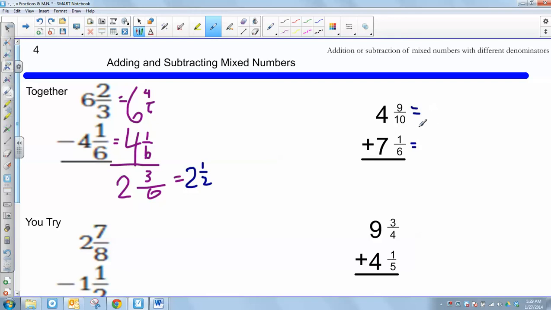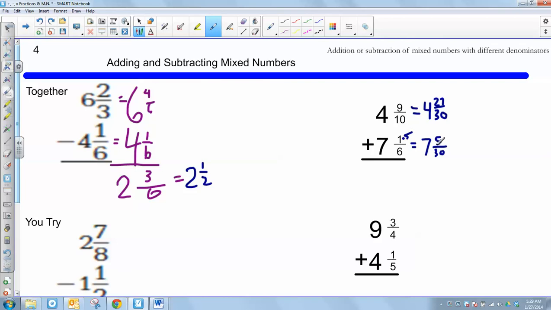Over here, we're going to have to find a least common denominator. So I'm going to go ahead and write in my whole numbers. And my least common denominator between 10 and 6 is going to be 30. So 9 times 3 is 27. 6 times 5, so we have to do times 5.